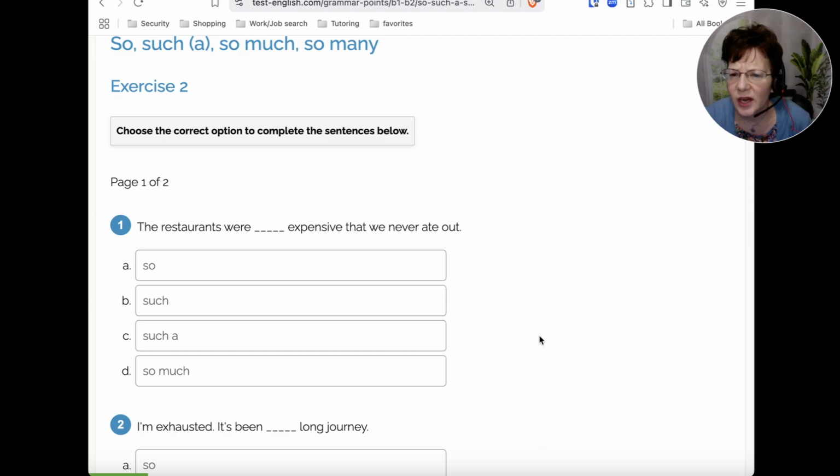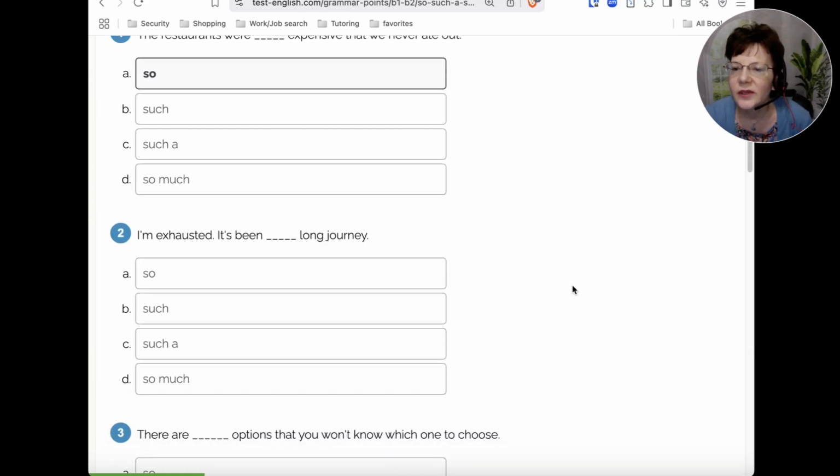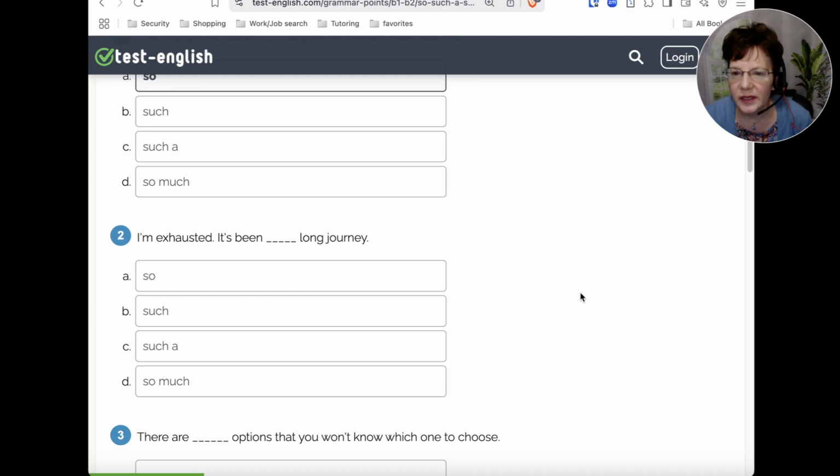So if you chose option A, so, that would be correct, going before an adjective. Okay. Number 2, I'm exhausted. It's been so, such, such a, or so much. Same choices. ...long journey. So going before a singular noun. So if you chose option C, such a, that would be correct.